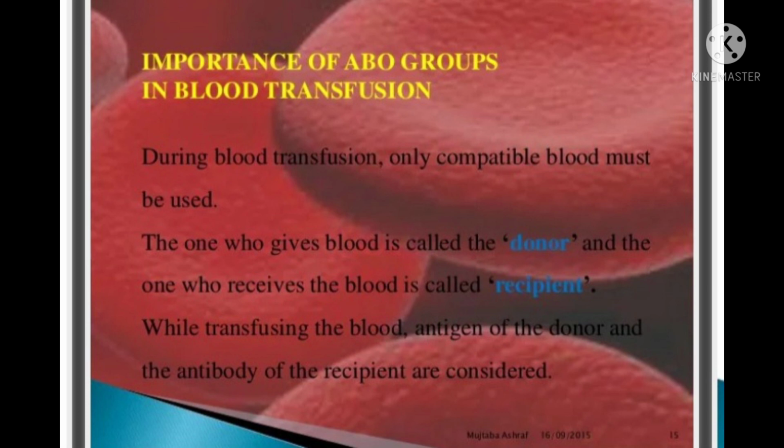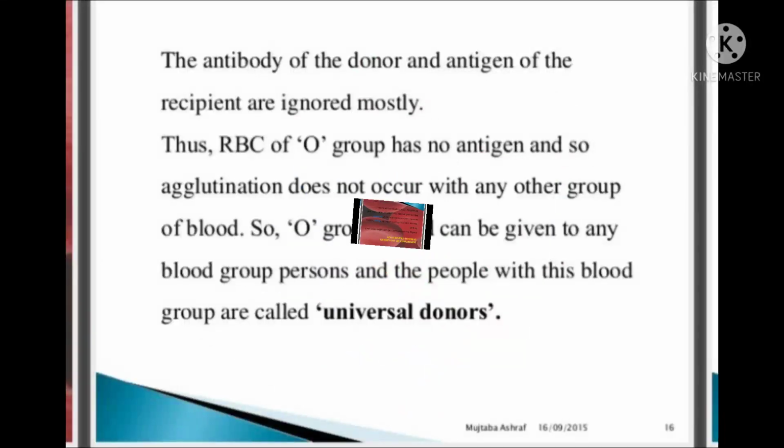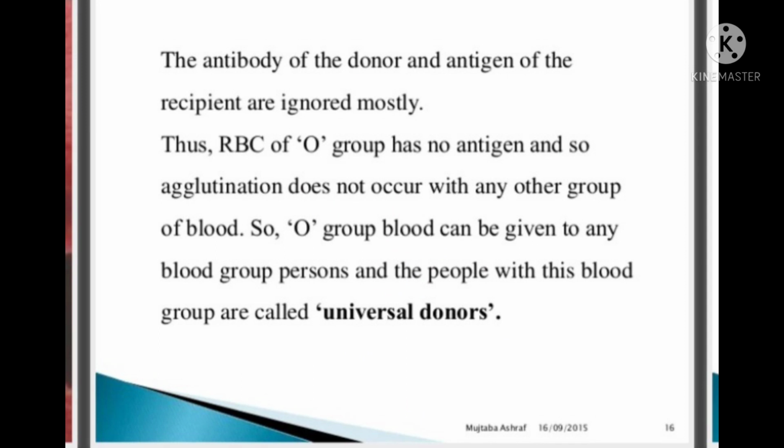The one who gives blood is called the donor. One who receives the blood is called recipient. While transfusing the blood, antigen of the donor and the antibody of the recipient are considered. The antibody of the donor and antigen of the recipient are ignored mostly.